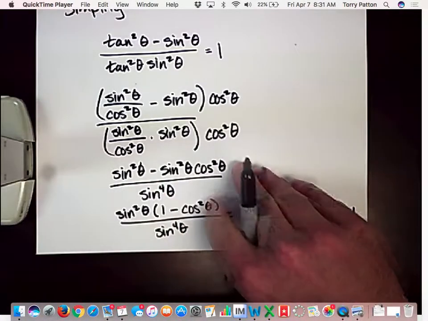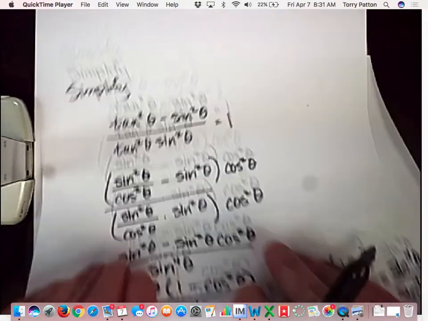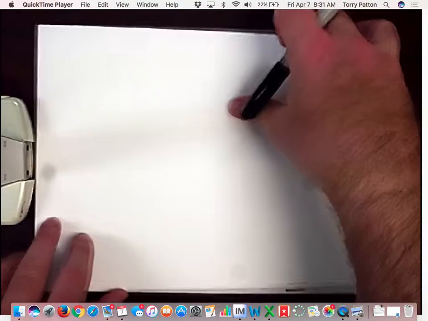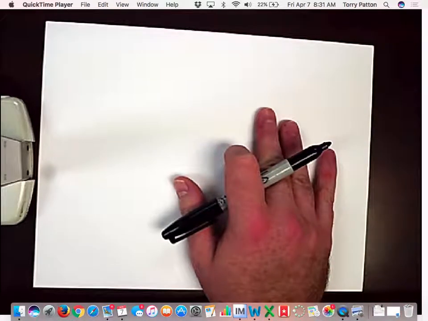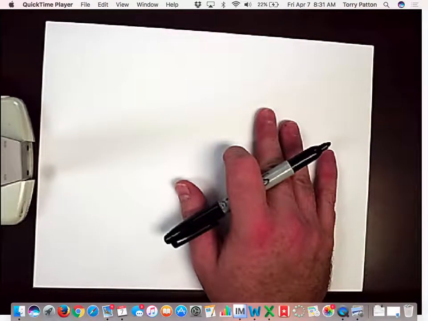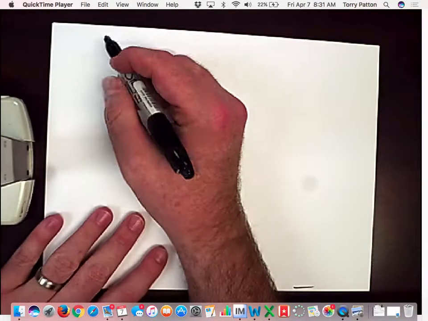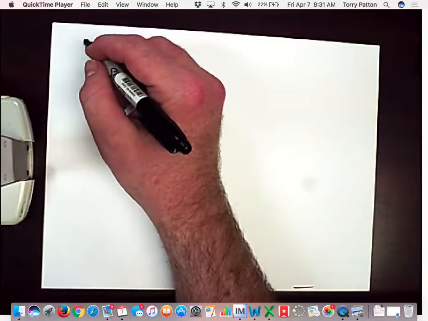So what the next section is going to be, verifying trig identities, okay? The only identities you have right now are the reciprocal identities.